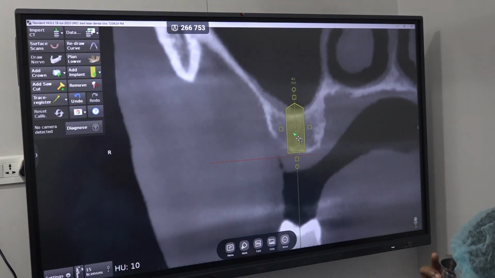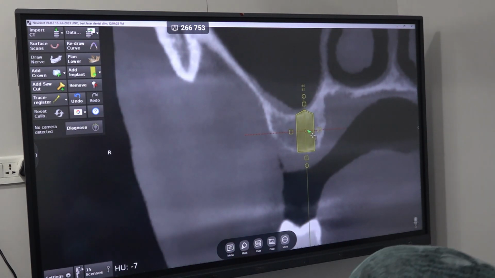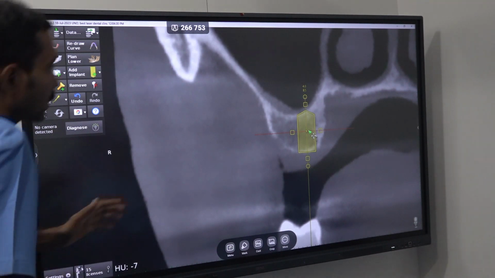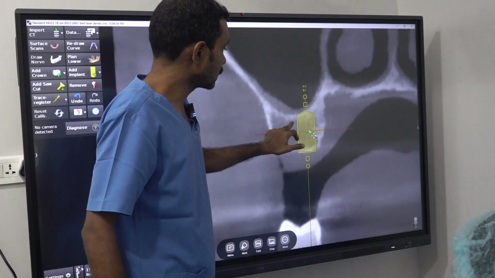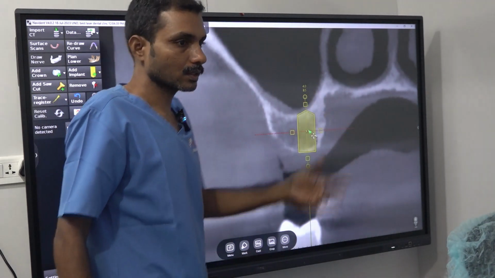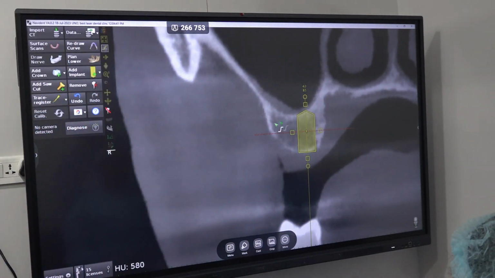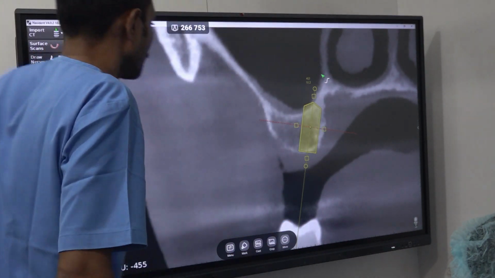Just we are looking for some possibilities. 8 mm implant will be okay. If you go closer to the palatal side, this length will increase. This is one more small trick. Here the length is smaller, but if you go like this, you can place a longer implant. Something simple like this, no? You can go even 10 something.